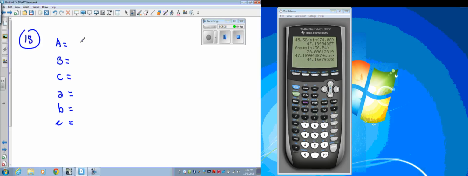Let's do 20. I was looking at 19. I'll do 20, because that'll have minutes rather than, you've already done the decimal stuff.